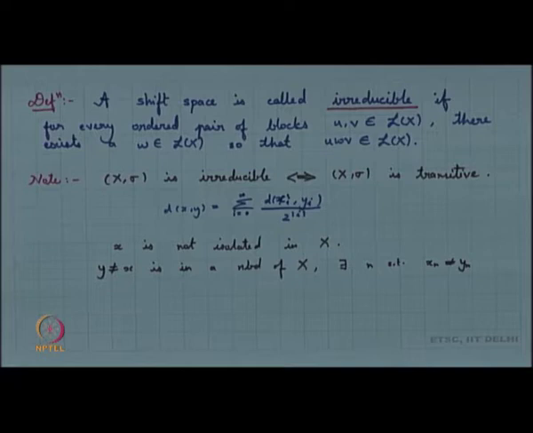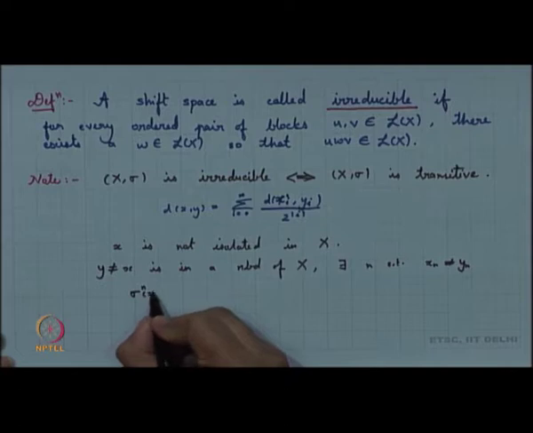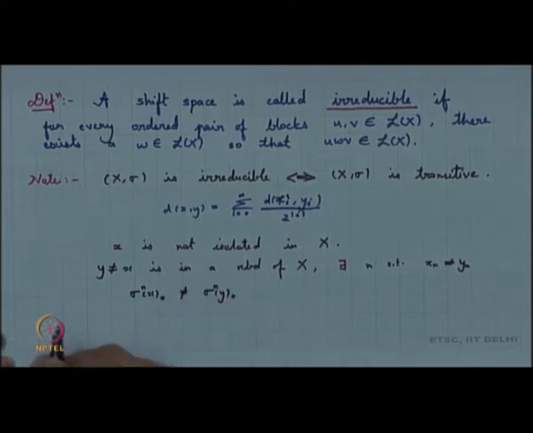And what happens in that particular case? We know that if I am looking into sigma^n x in the 0th coordinate and sigma^n y in the 0th coordinate, these are not equal, because x_n is not equal to y_n.